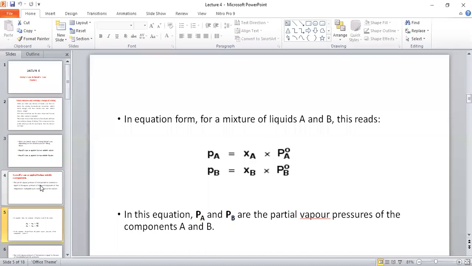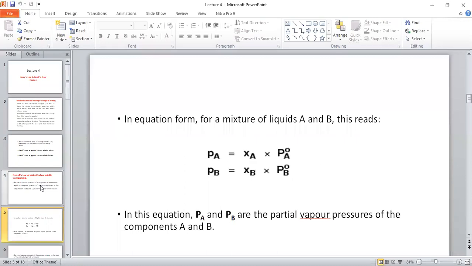It's for a mixture of liquids A and B. So you have liquid A and liquid B being mixed together. Now you have PA equals XA multiplied by P0A, that is for liquid A. Then for liquid B, PB equals XB multiplied by P0B.